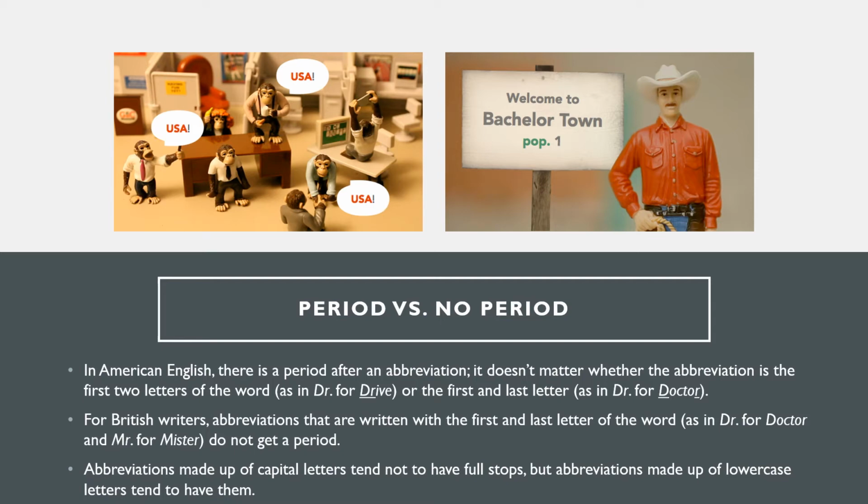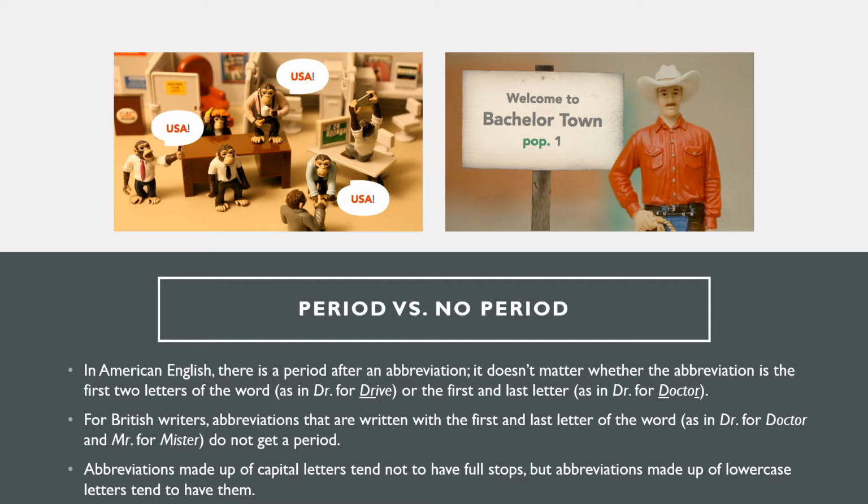Another situation to think about is if you have an abbreviation made up of all capital letters. So USA stands for United States of America. Typically, when you're writing an abbreviation that has 3 capital letters, you do not put periods in between each letter. But abbreviations made up of lower letters tend to have them.